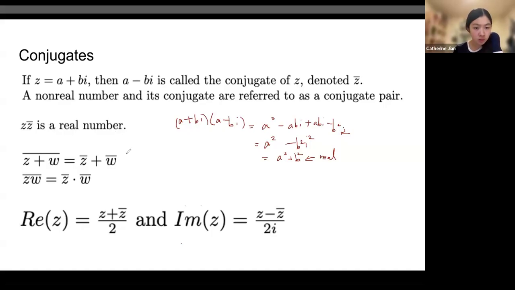Now we can also prove these two properties, and these are pretty straightforward. If we let z equal a plus bi, and w equal c plus di, then the conjugate of z plus w is equal to the conjugate of a plus bi plus c plus di.